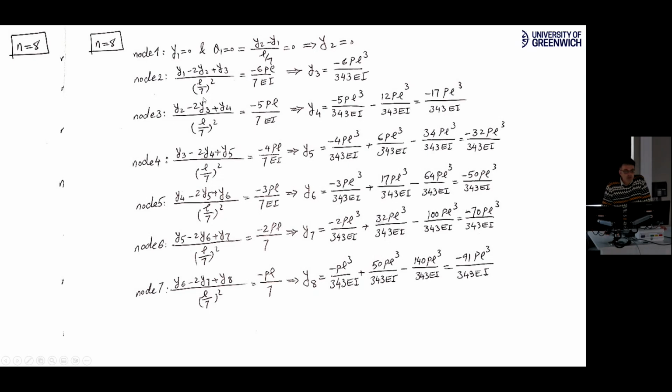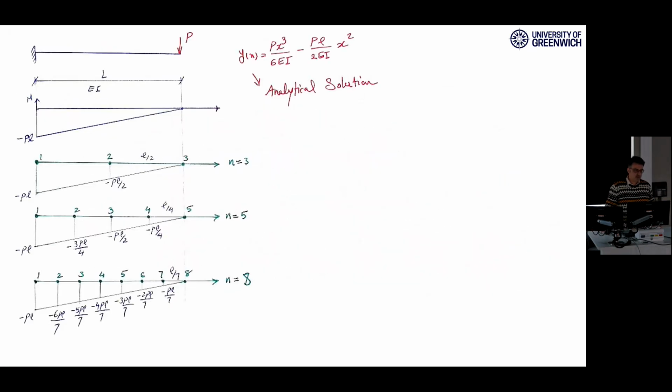Look, because you know the internal moment is minus PL on the left side, right? You know it's minus PL on the left side. So, for example with n equal to 8, you need to divide the minus PL by the number of segments, which is 7, right?